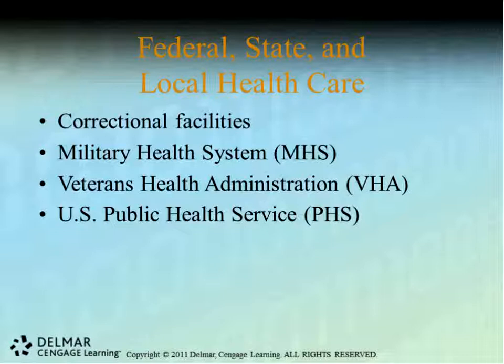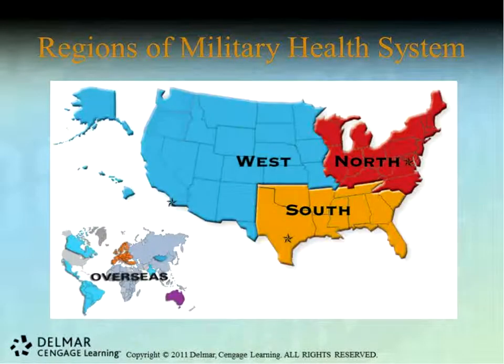Then your veterans, like your VHA, your Veterans Health Administration, also provide services. And you've got your Veterans Integrated Service Network that provides healthcare services at VA medical centers. So you have a host of healthcare access and settings for your military.